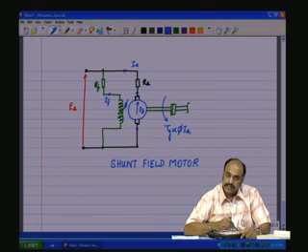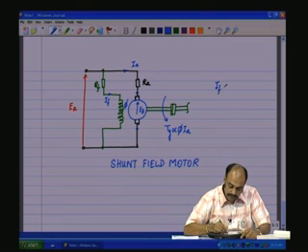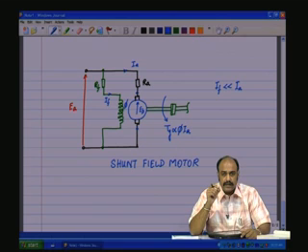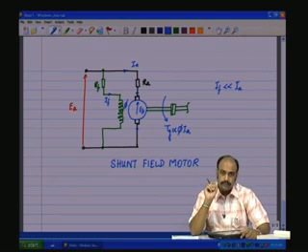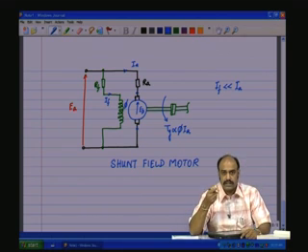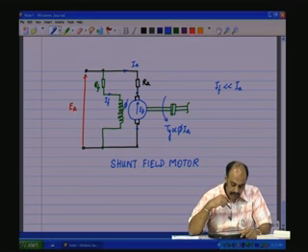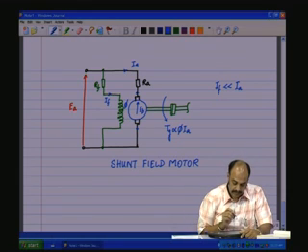The field current generally is very small compared to Ia. IF is very small compared to Ia, and therefore, the field coil can be rated for a lower current, and therefore, the gauge, that is the thickness of the field wire, will be very small in general compared to the armature winding thickness.